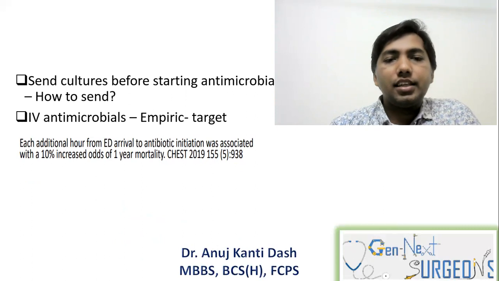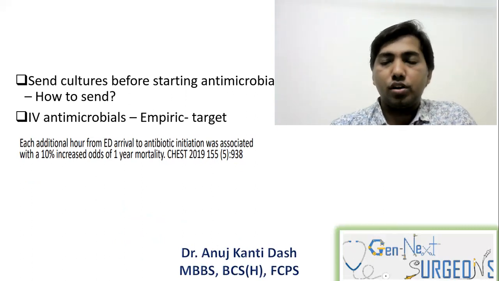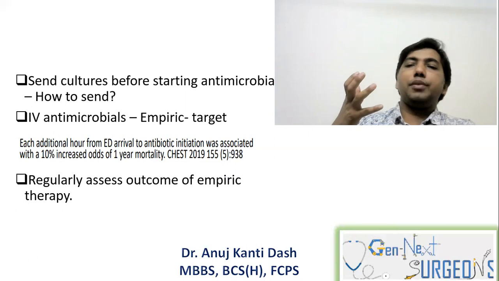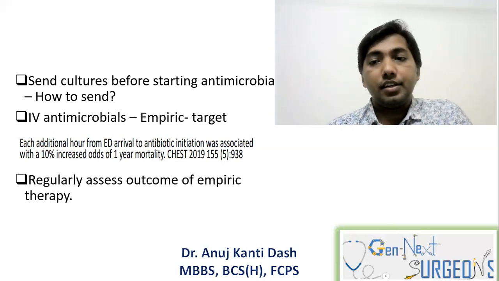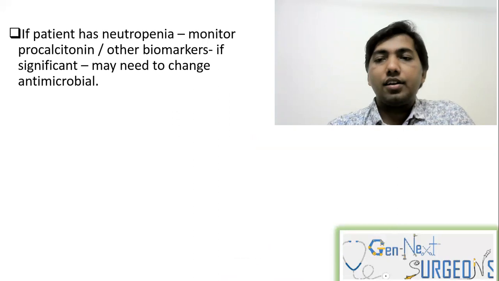There is a study that says if you start this empiric therapy within 1 hour, it will decrease the mortality rate. And once we have started empiric therapy, we have to regularly assess its outcome. This regular assessment is done by complete blood count.